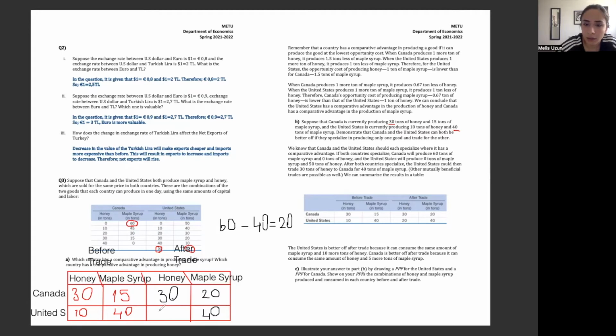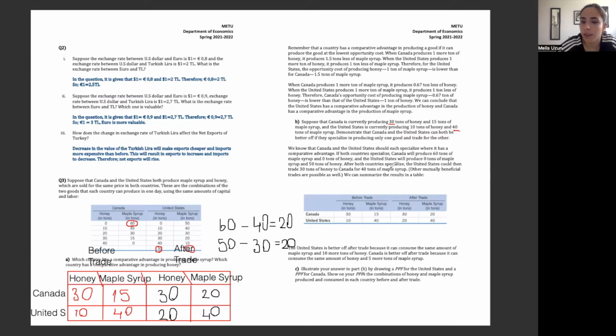So United States has 20 of it. So let me write it to here. It produced 50 tons of honey, and it gave the 30 of it to the Canada. So there is 20 tons of honey left for United States.